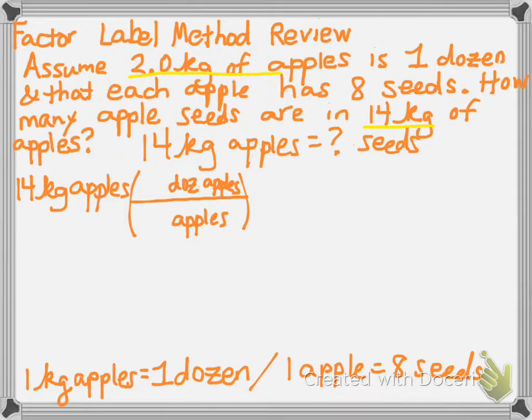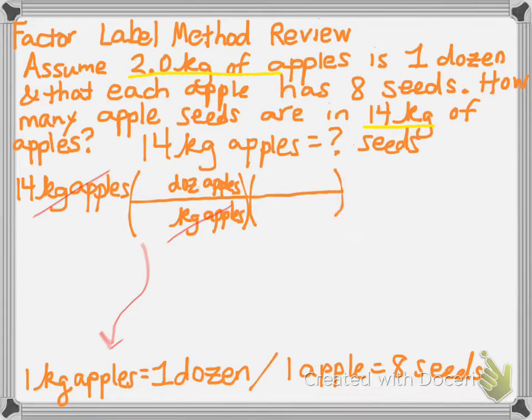Okay. So kilogram of apples. Oops, and sorry, this is going to be kilograms. Let me fix that. So this is going to be kilogram of apples. Now I like to go through and fill in all my numbers at the end, but this number is going to be kind of here. Okay, we're going to use that information.